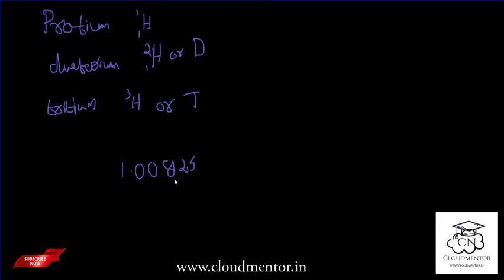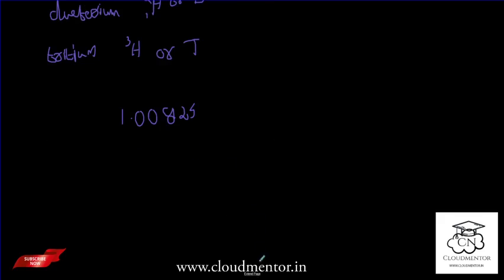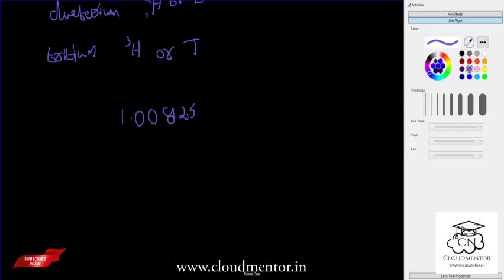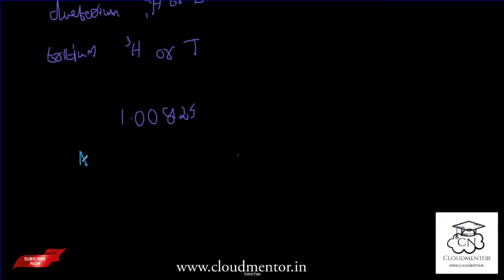That was about the isotopes, and now we are going to talk about the allotropes. Orthohydrogen and parahydrogen. Similarly, ortho and para deuterium, and ortho and para tritium. They are the allotropes of hydrogen.